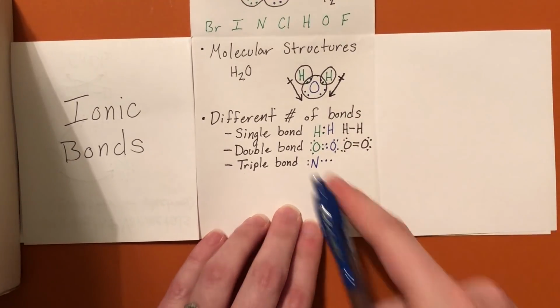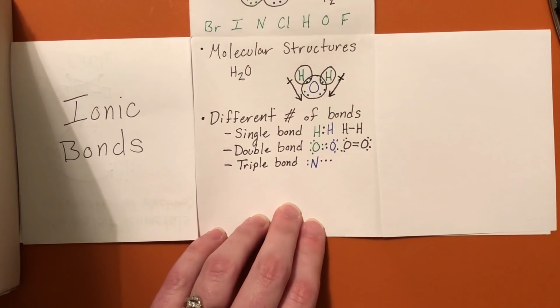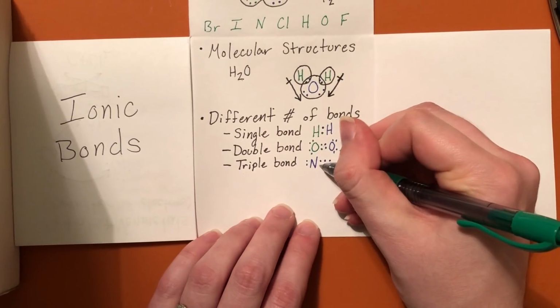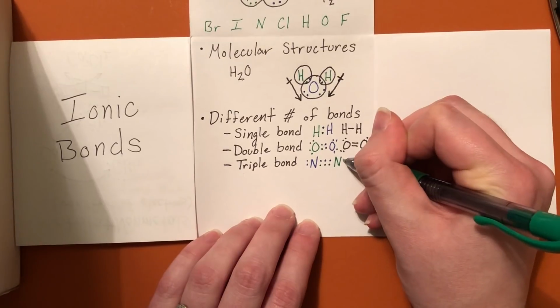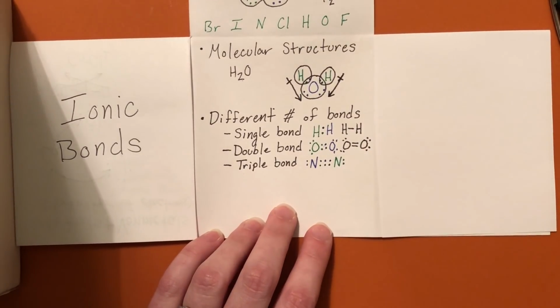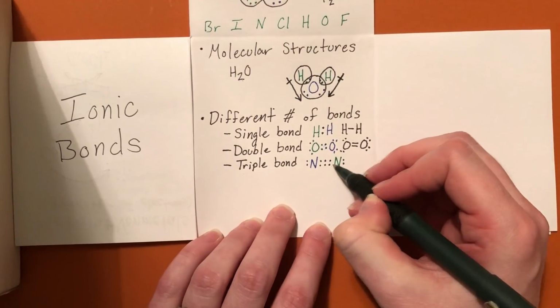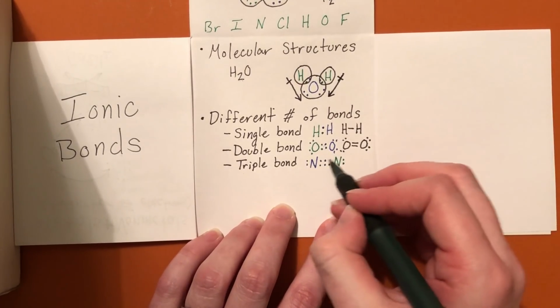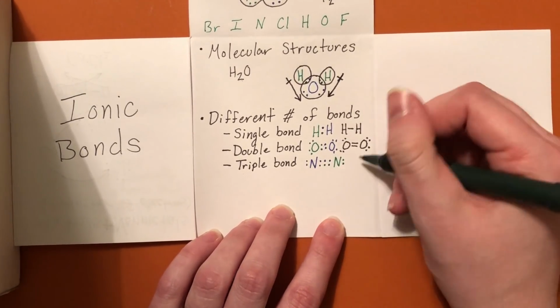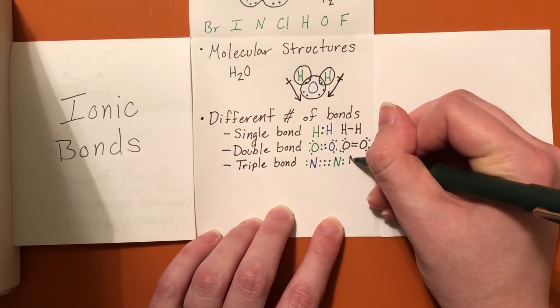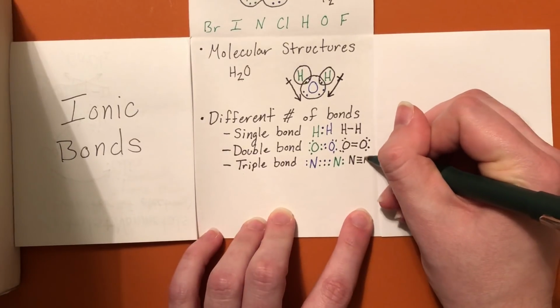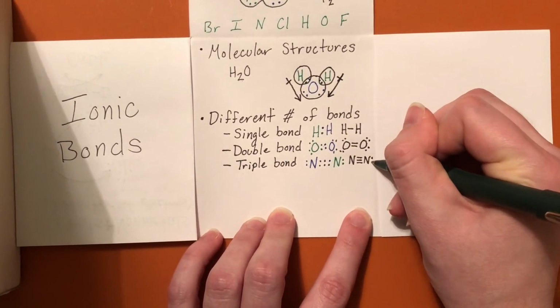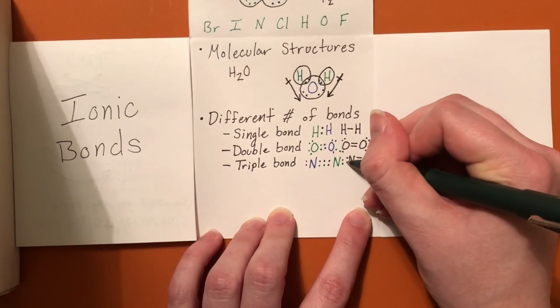I have 3 coming off to one side, and then I can have a second nitrogen that will also donate 3 of its valence electrons, while it has 2 as a lone pair off to the side. Because I have these 3 right here, it gets a little funny to draw it like this, so we're going to redraw it instead, where we have 3 horizontal lines. And so those are my triple bonds.